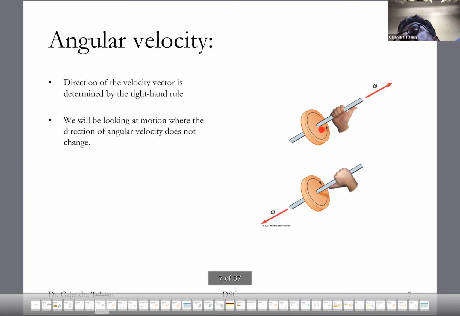So the magnitude is given by the length of the vector, and the direction is figured out using your right hand. If the object is rotating in that direction, the velocity is pointing in this direction. See, there's your thumb. That's how you figure out the direction of the velocity vector.